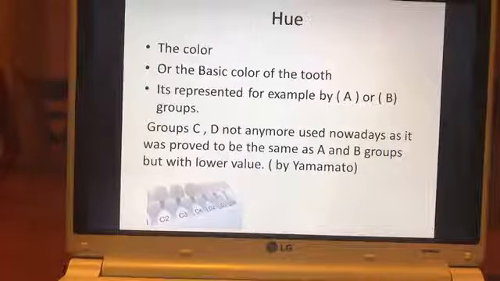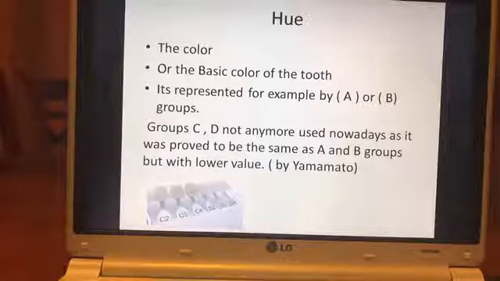C group and D group are not used anymore, according to Yamamoto and Vanini. Why? Because they have been found to be the same as A group and B group but darker, with lower value. And since I'm going to show you later how you select the value separately, there is no need to use C group and D group in dentistry.